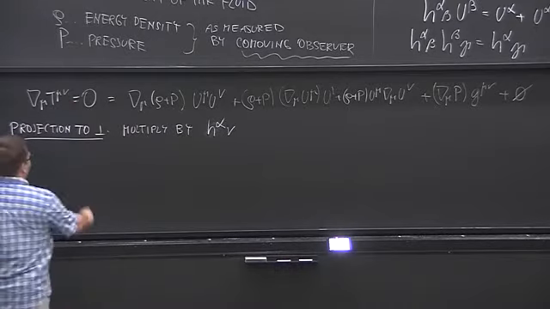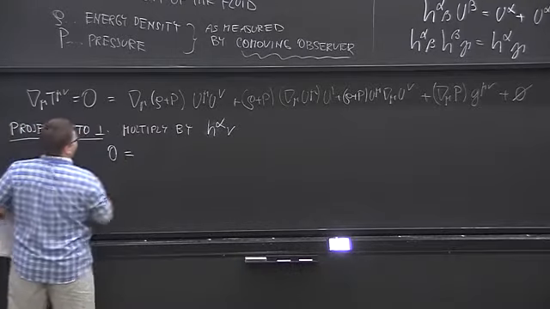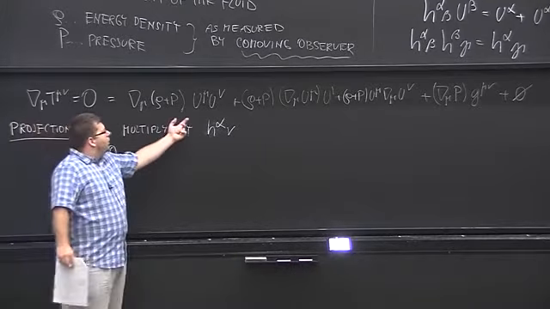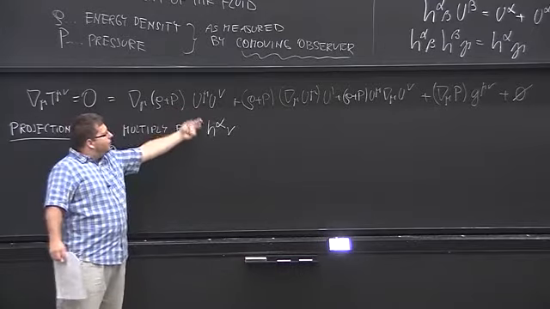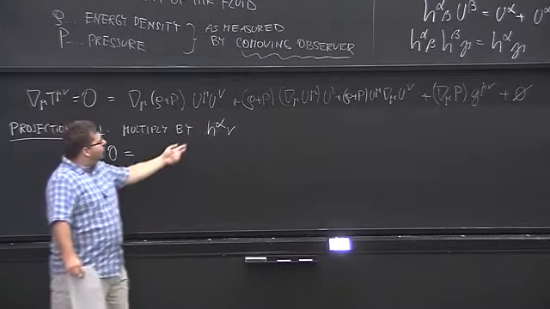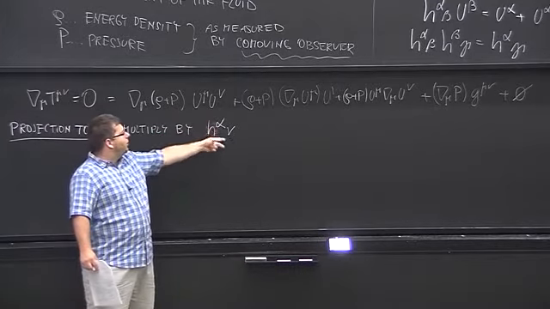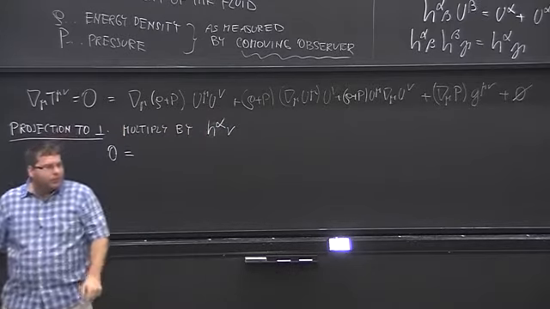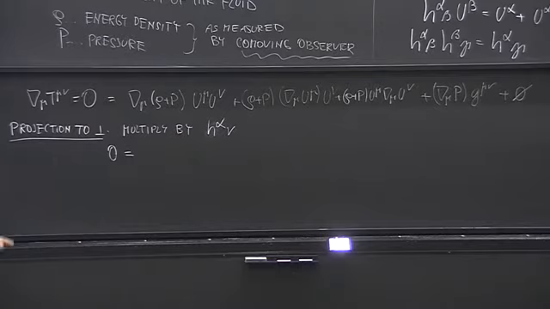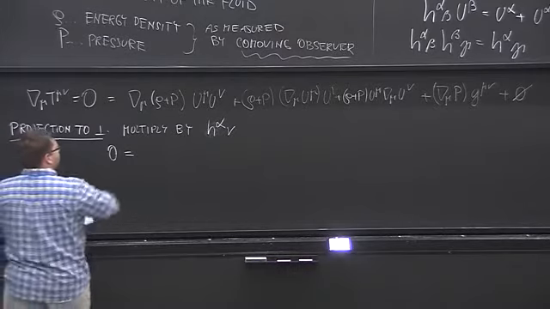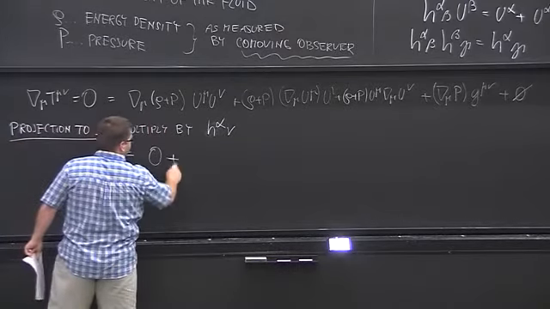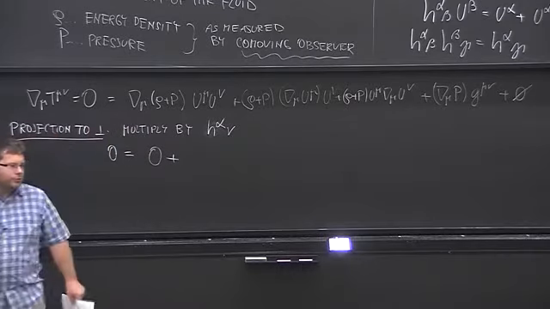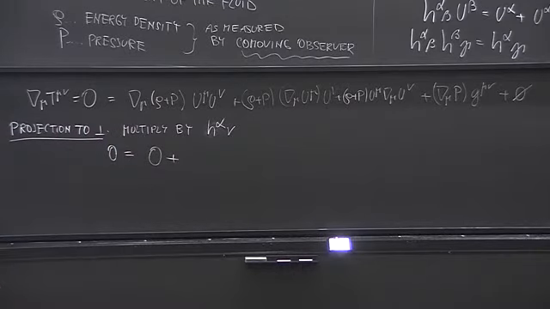So now we have 0 equals 2. I hit this term with h alpha nu. That means that h alpha nu hits u nu, but u nu is parallel to the geodesic, and this is perpendicular. So this term gives me 0 because h alpha nu is hitting u nu.